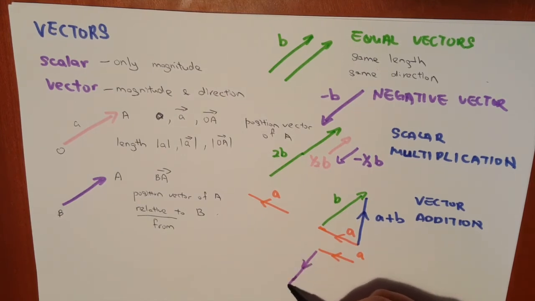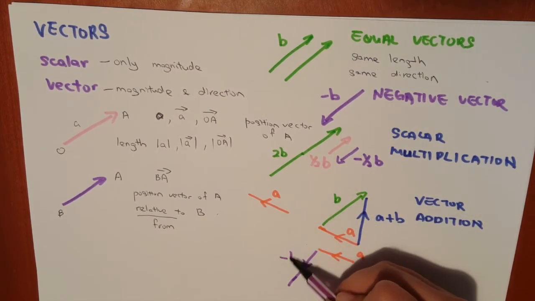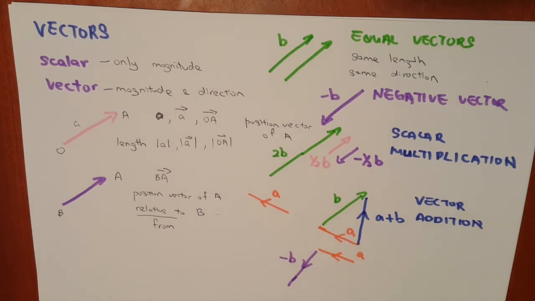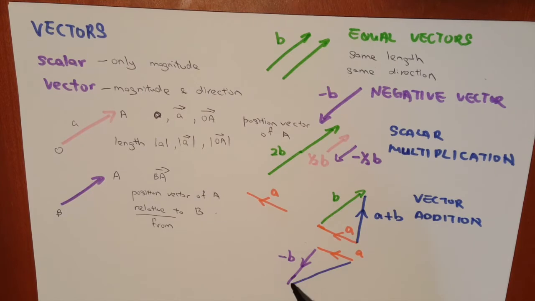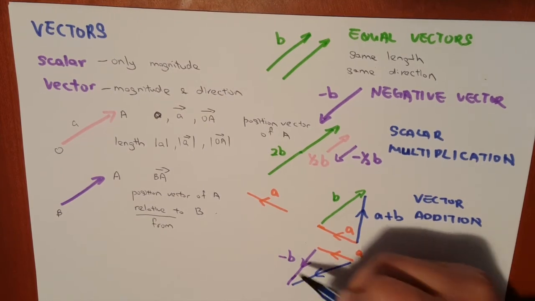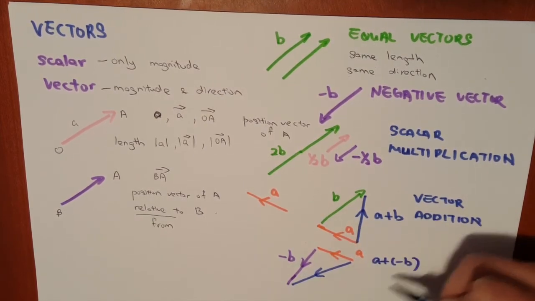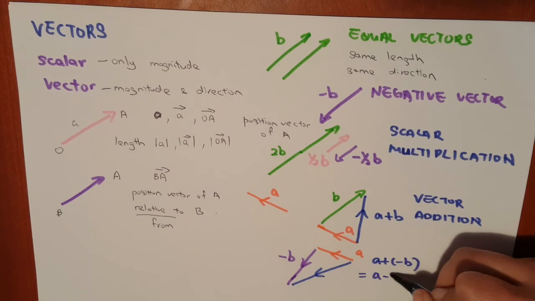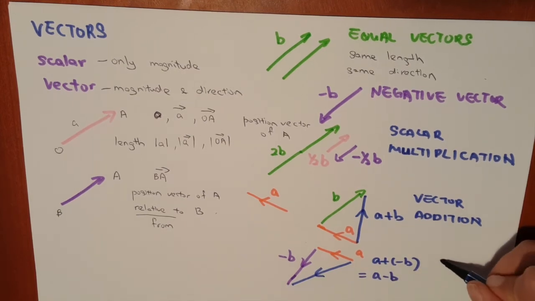It has the same length, negative B. So the resultant vector for this one will be going here. This is actually my A plus my negative B vector. So this will become A take away B. So this is my vector subtraction.